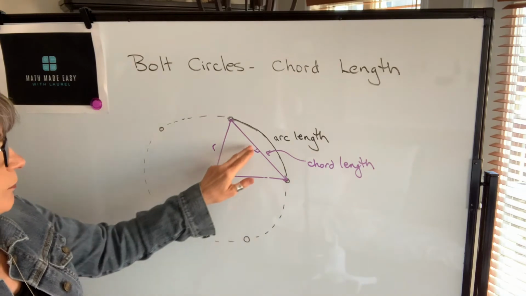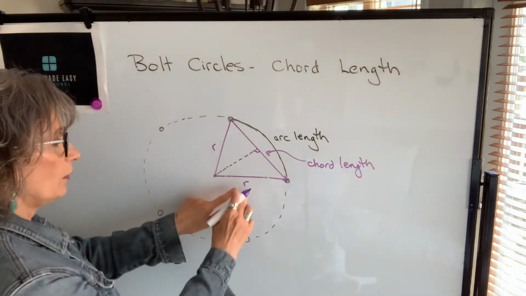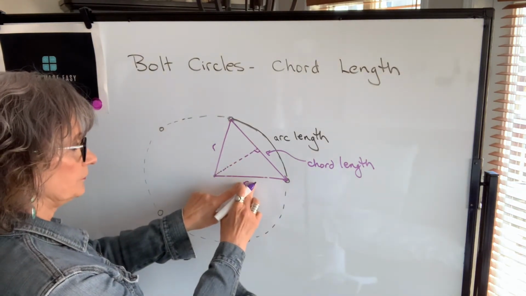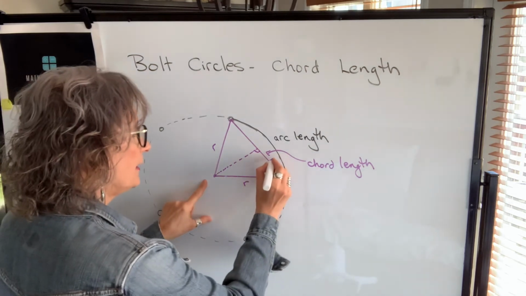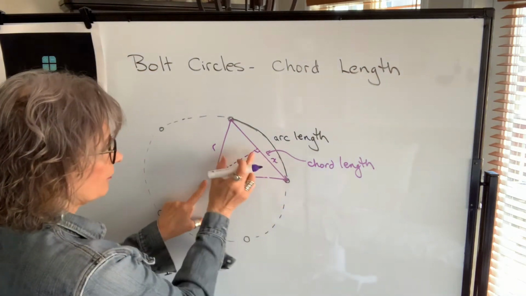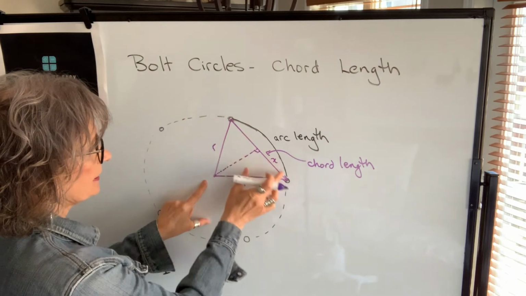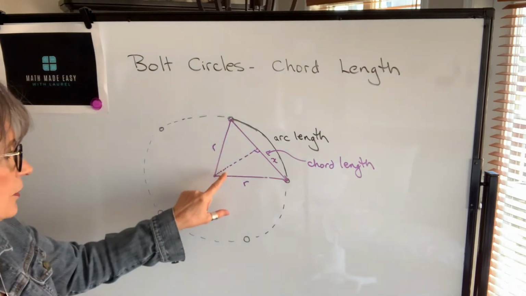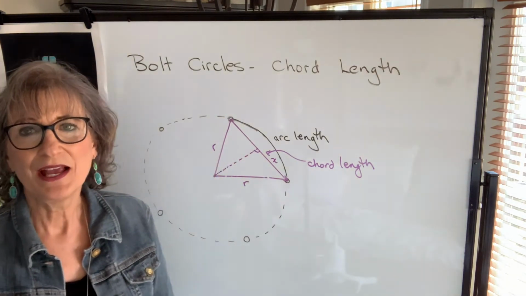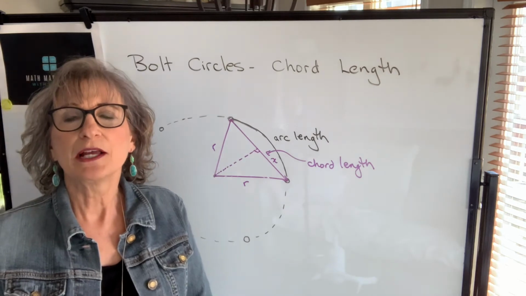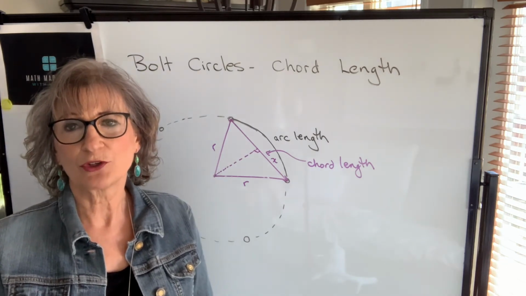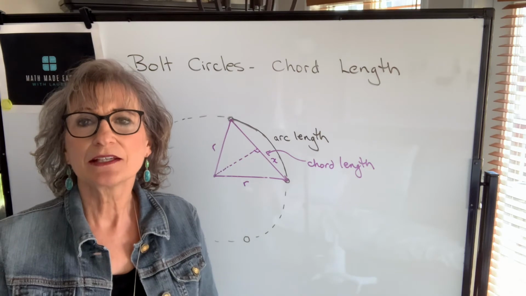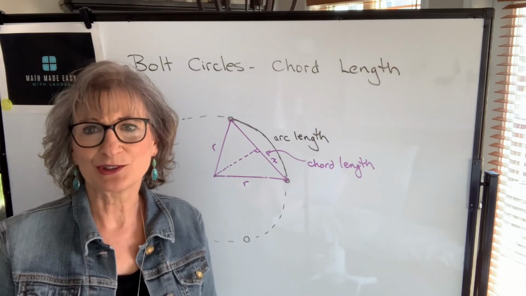So now we have a right triangle. We will know the radius of the circle. We can find this length here, which I'm going to call x, and once we find x, we can double it to get the distance. But we also need to know the angle, and the angle can be found by knowing how many divisions you have on your circle. I think I can illustrate this best with an example, so let's take a look.